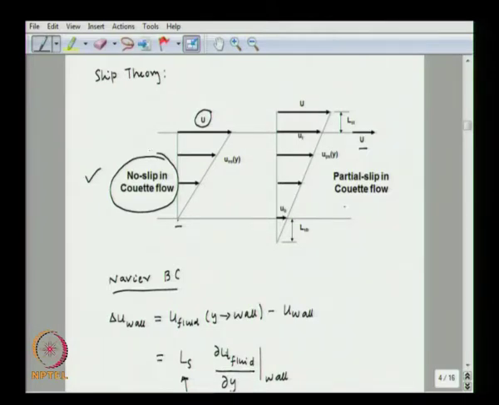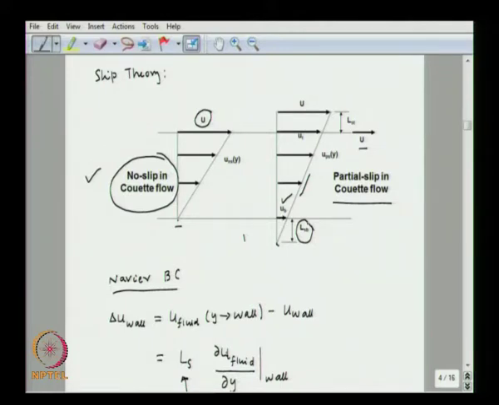Now if we allow partial slip to occur, at the bottom plate, instead of seeing 0 velocity we will see a finite velocity ub, which is greater than 0. And if we extend this profile into the bottom plate, at some point this velocity would vanish, and the distance between the top surface of the bottom plate and the point at which the velocity vanishes is known as the slip length for the bottom plate.